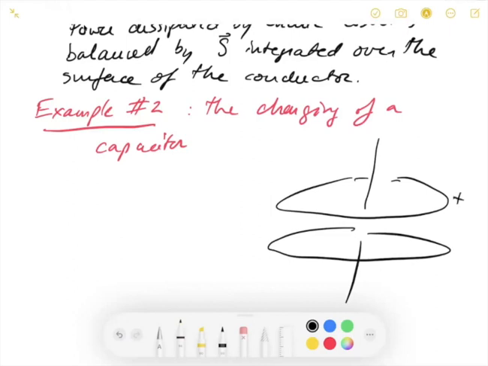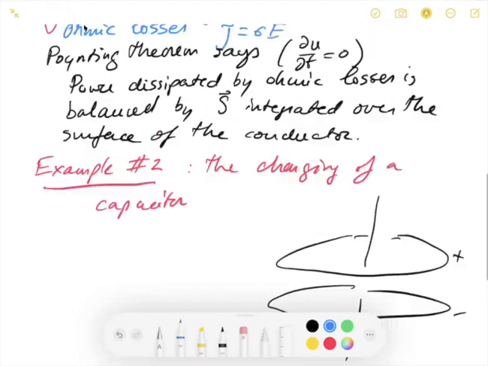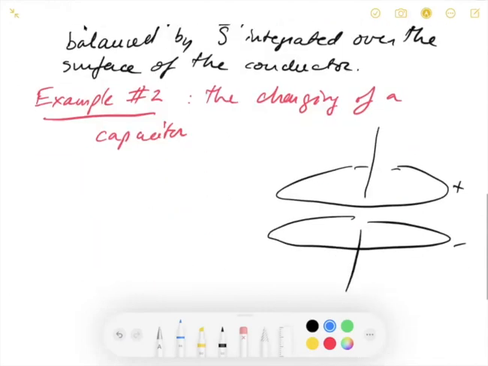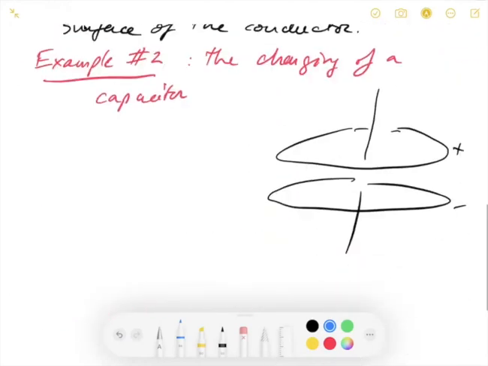Let's say we're charging this positively and this negatively. That means that there's an electric field that builds up here. So that's going to be your E of t.